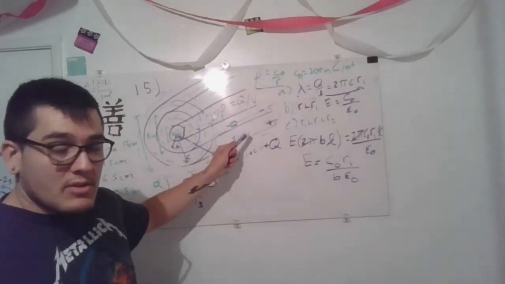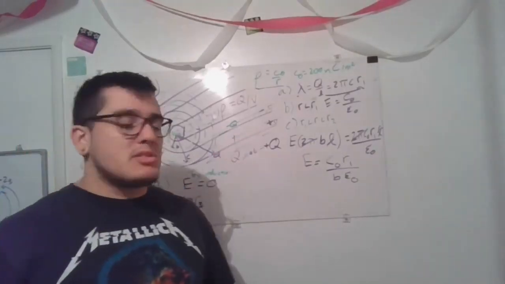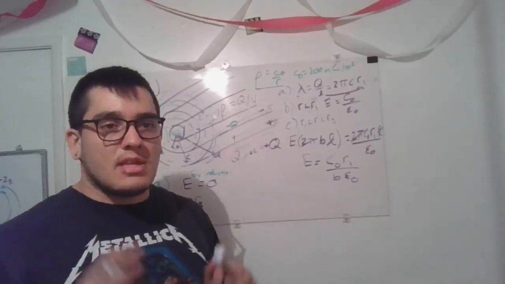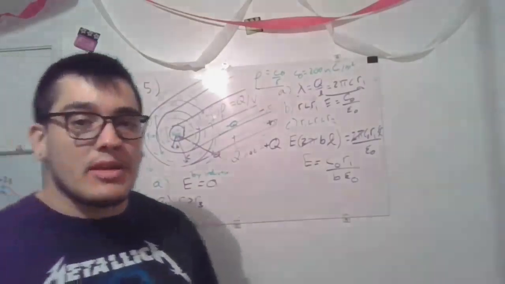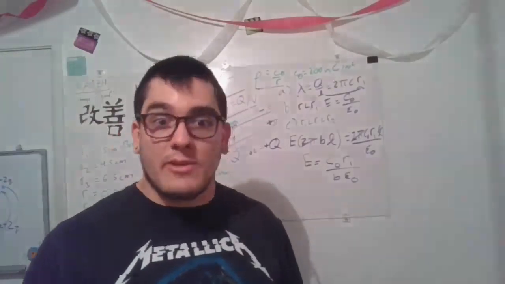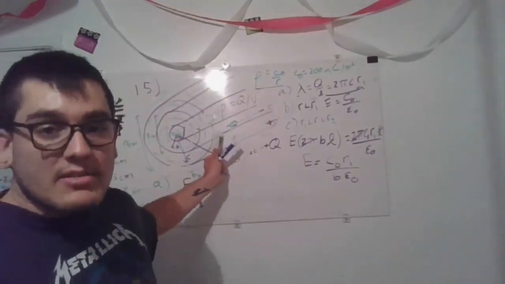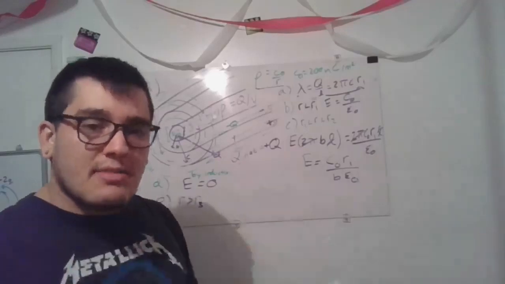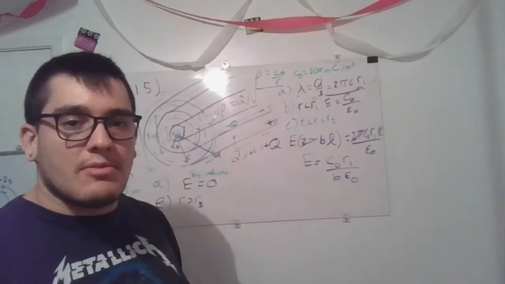If this has negative Q and the net charge is Q, what must the outer cylinder have so that the net charge is positive Q? I'll give you a hint. It's very basic algebra. So if the inner surface is negative Q, but the net is positive Q, then the outer surface must have 2Q.